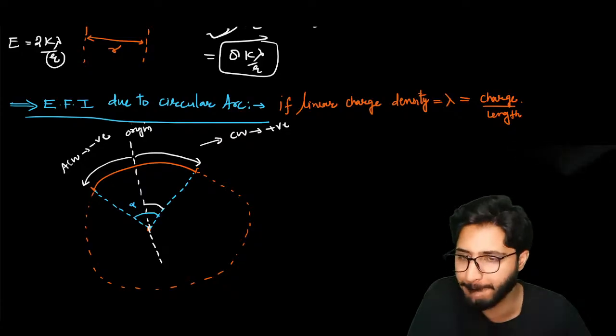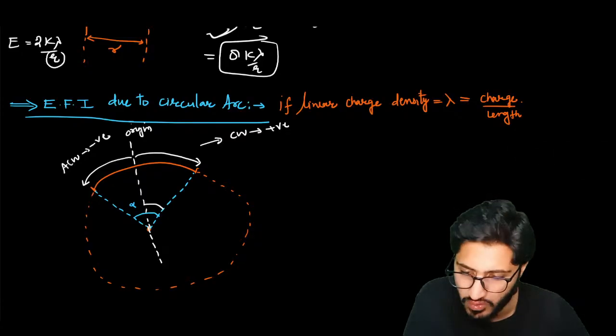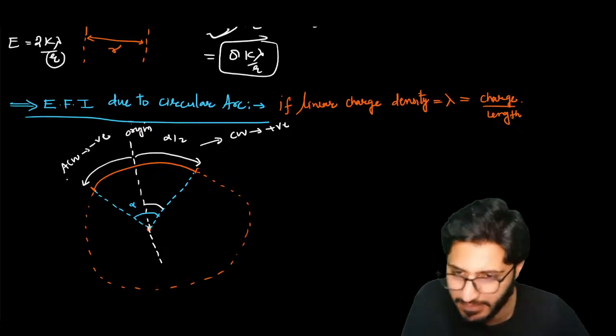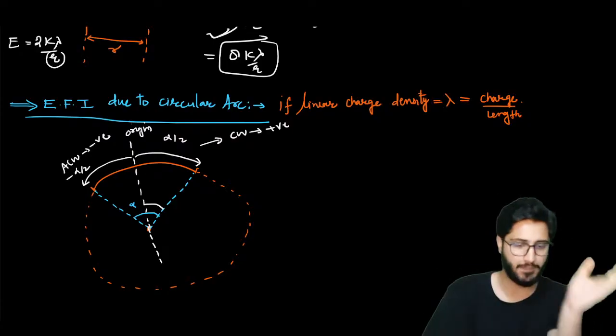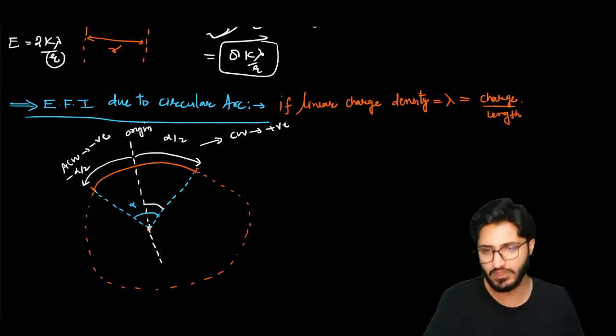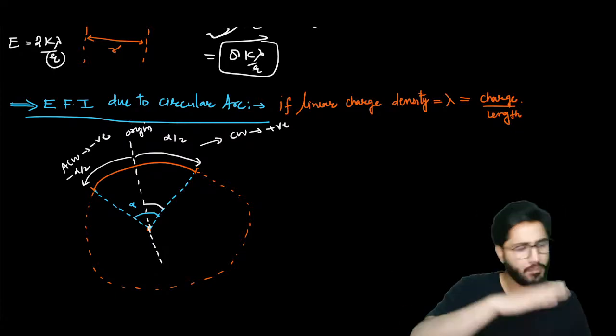So the angles are plus alpha by 2 on this side and minus alpha by 2 on the other side. Half part this side, half part this side. If you use theta, then it is theta by 2 and minus theta by 2. There is no issue.